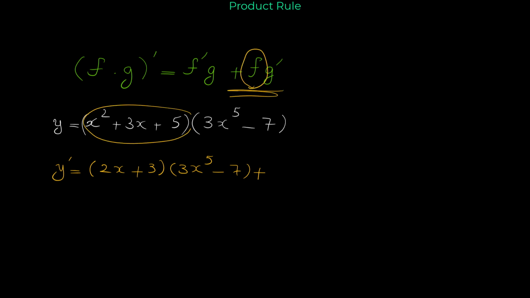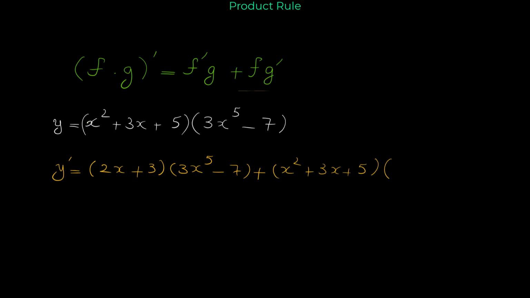F is this first function, first expression here. So plus x to the 2 plus 3x plus 5 times g prime. G prime is the derivative of the second function, the derivative of the second bracket here.